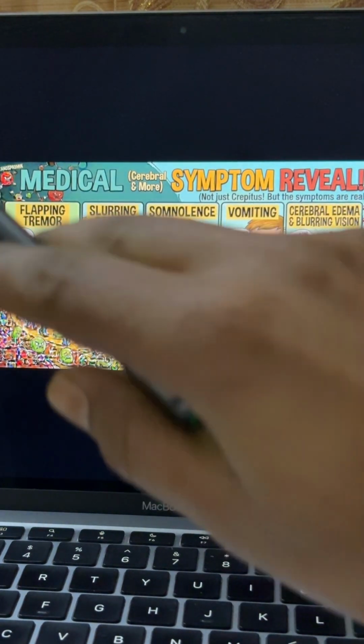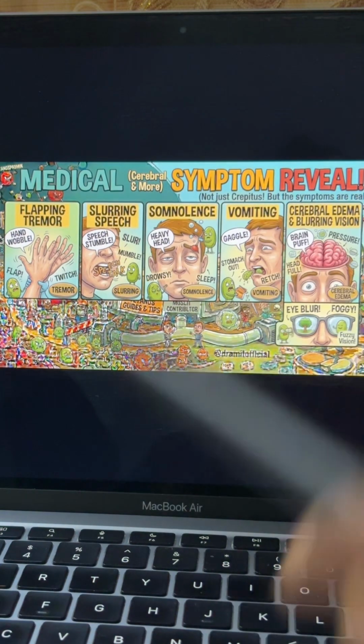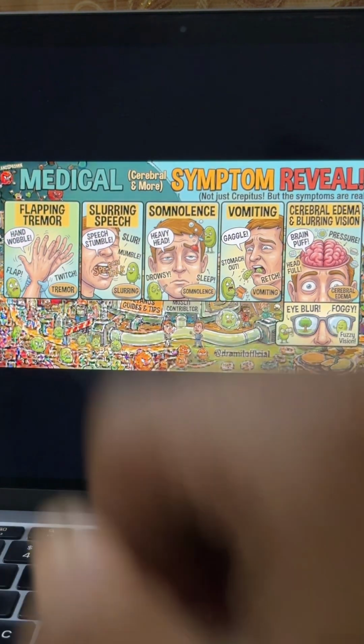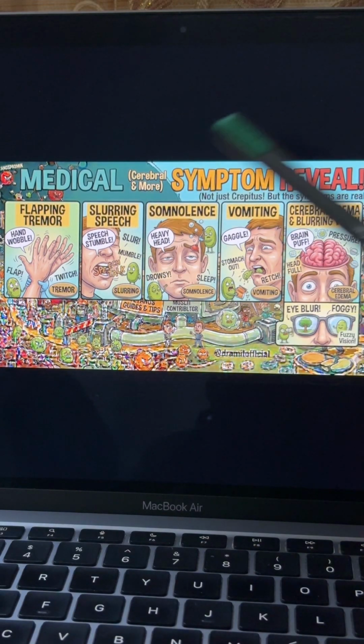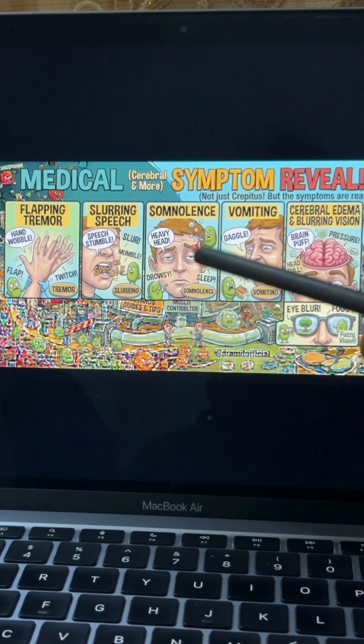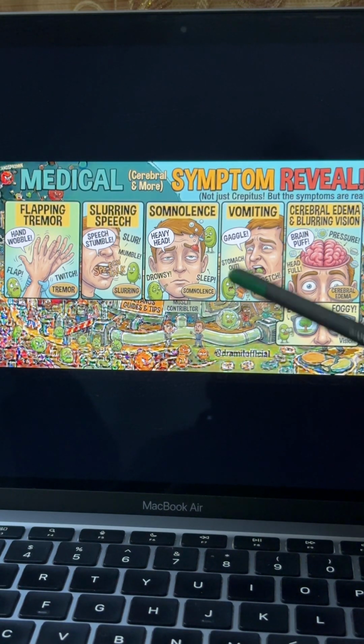Let's see the symptoms in this figure. There's a flapping tremor, like this. Then slurring of speech, the patient is slurring speech like this. Then heavy head, somnolence, confusion. Then the patient vomits. Then the last will be cerebral edema: inside the brain there will be edema in the cerebrum.